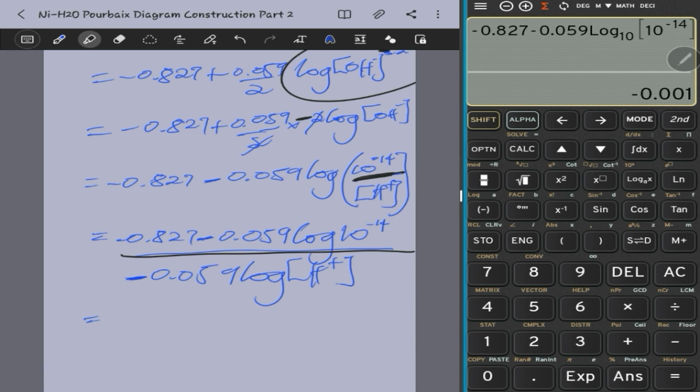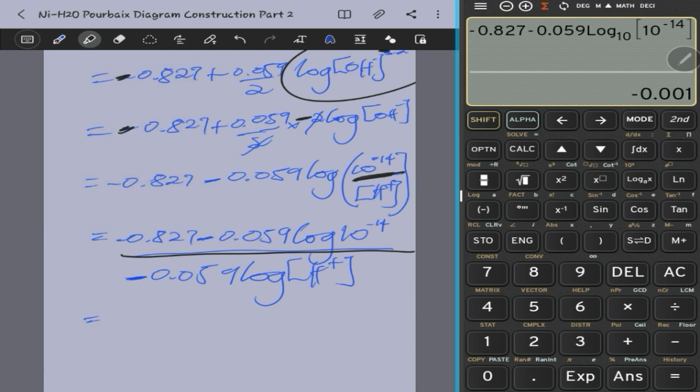So this gives us a value, 10 to the power 14, and we place all the minus. So this is the first minus we have. This one is here. We're just trying to confirm if we are on the right path. Because of this here becomes minus, so minus here as well. So minus 0.827 minus 0.059 is 10 to the power 14 minus 14. Yeah. So we're on the right path.